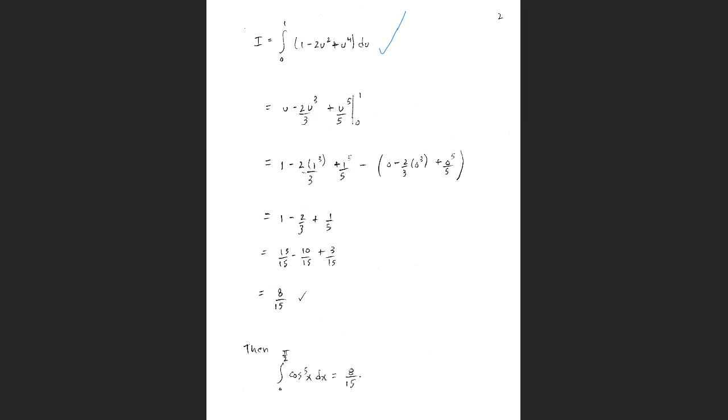That's like calculus 1, you learned that. And we're going to have to substitute in the u limits of 1 and 0, which I do here. And when you work that out, you should get 8/15ths. And that's what WebAssign will want.